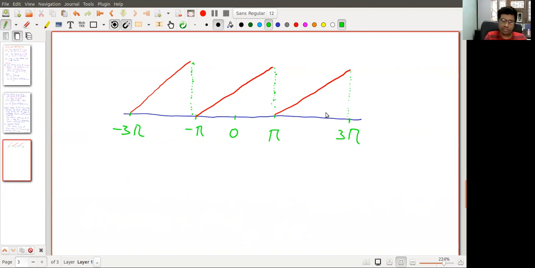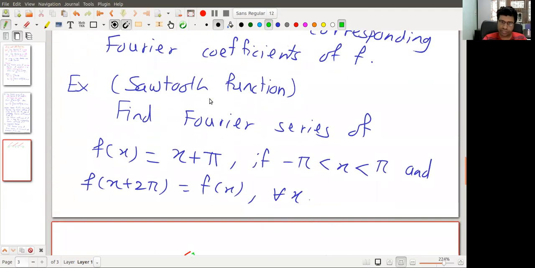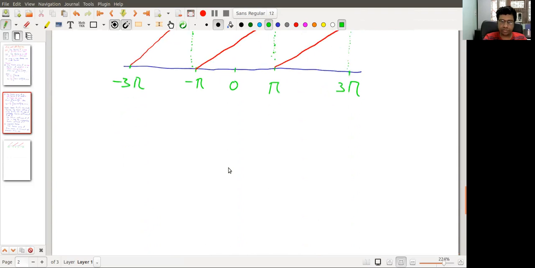So this function is called a sawtooth function. It is a combination of two functions. You can say that it is of the form f1 plus f2, where f1 of x is x and f2 of x is pi. So it is a sum of two functions.